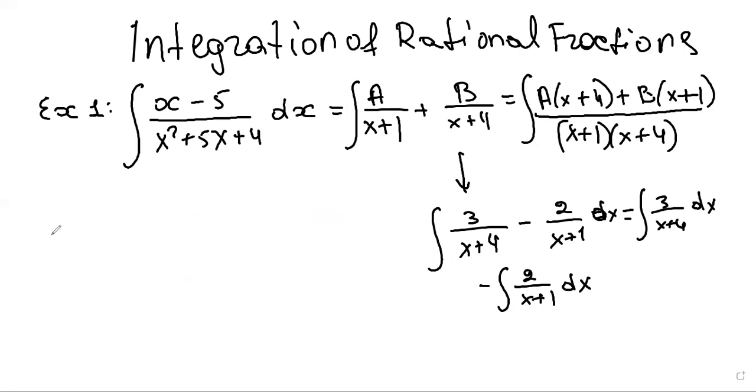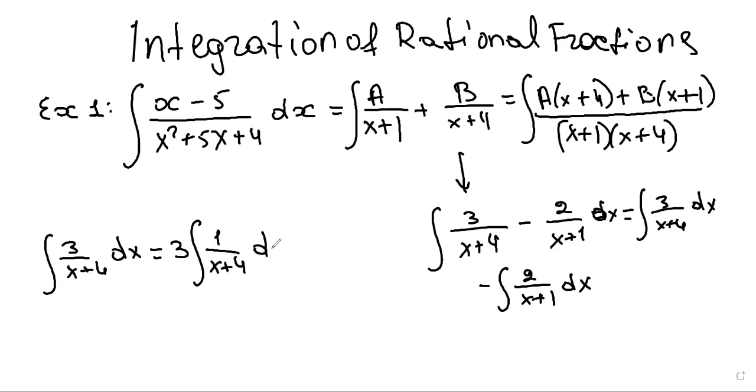So the integral of 3 divided by (x plus 4) dx: we can take the constant out of the integral, which makes it 3 times the integral of 1 divided by (x plus 4) dx. We know that this is ln|x plus 4|, but if you want to know how, we can substitute u equal to x plus 4. By the way, if you didn't watch my video about the u substitution method, you should watch it.